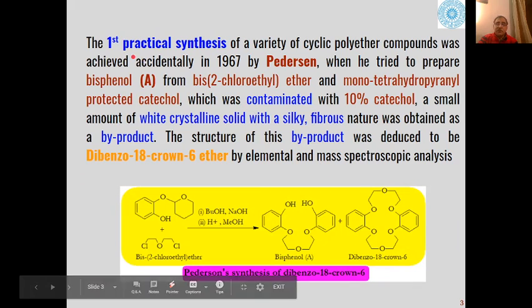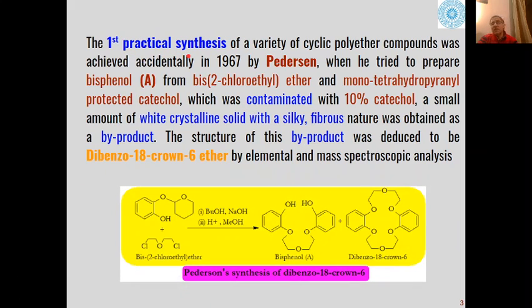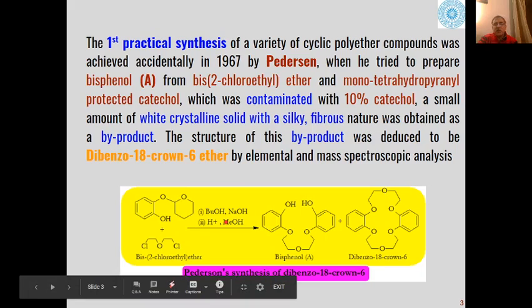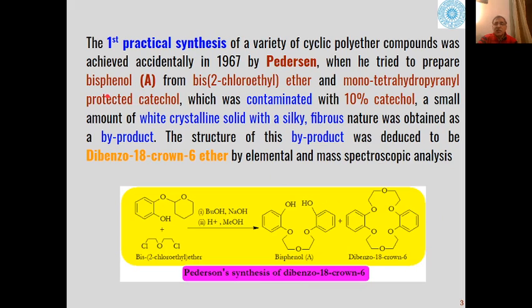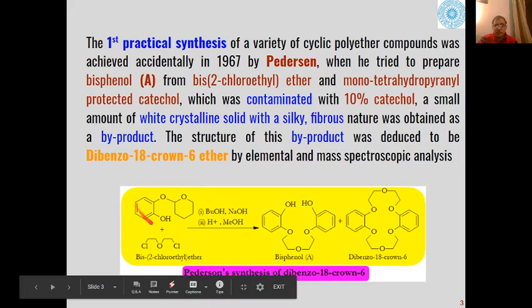Then the first practical synthesis of these types of cyclic polyether compounds was reported in 1967 by Pedersen, where the crown ether was accidentally synthesized, because Pedersen was actually trying to prepare bisphenol A from this bis-2-chloroethyl ether.